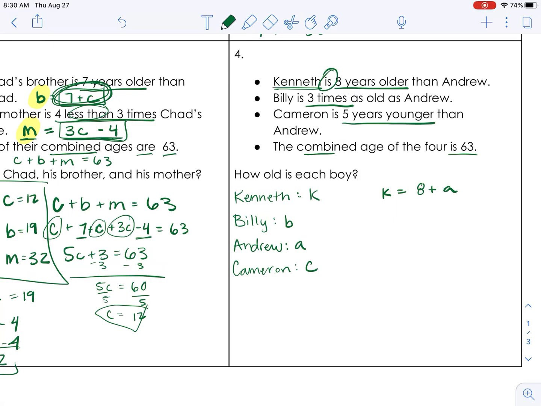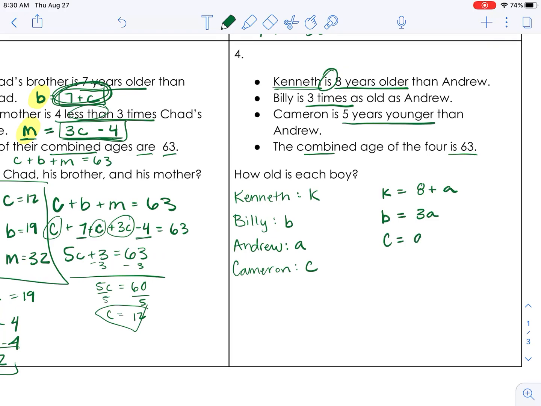All right, the next one, Billy is 3 times. So B equals 3 times as old as Andrew, so 3 times Andrew. Cameron is, you guys seeing a pattern? Cameron is, so we're going to say C equals 5 years younger than Andrew.